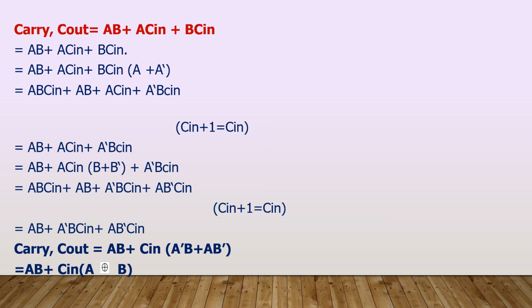We'll be multiplying with A plus A bar. Anyway, it is equal to 1, there is no change of meaning. Just multiplying with this A plus A bar, and again applying C in plus 1 is equal to C in, finally we'll get the final expression for C out as AB plus C in (A XOR B). So this is the simplified expression for C out.